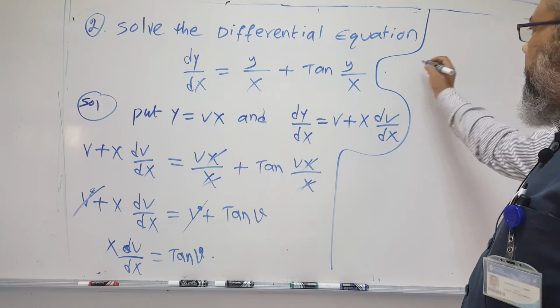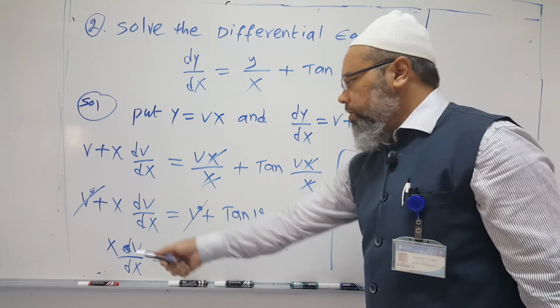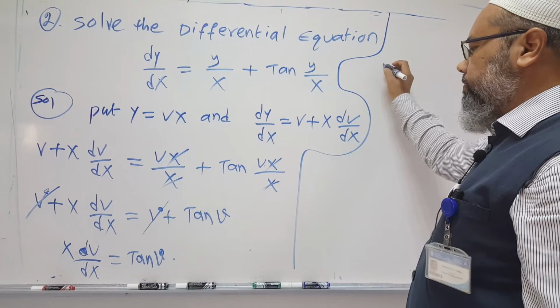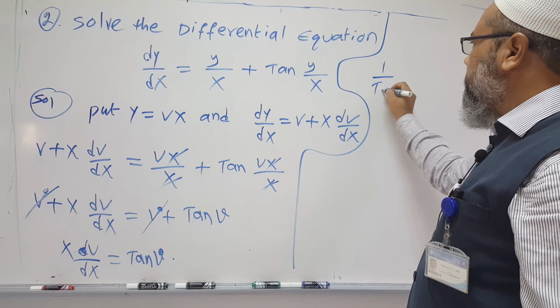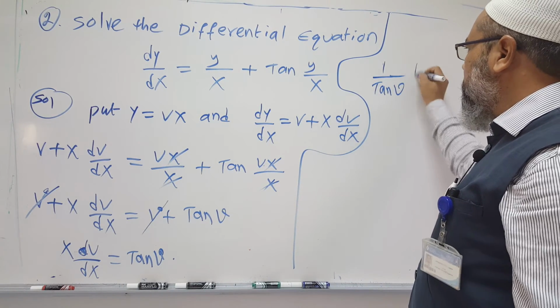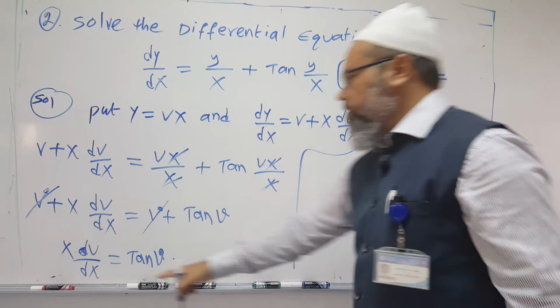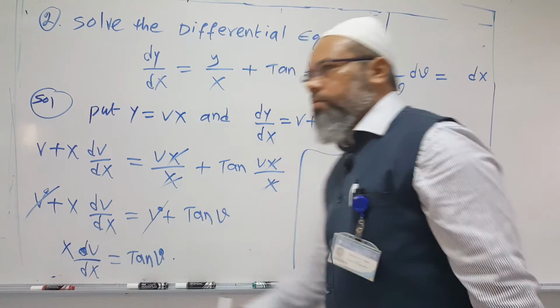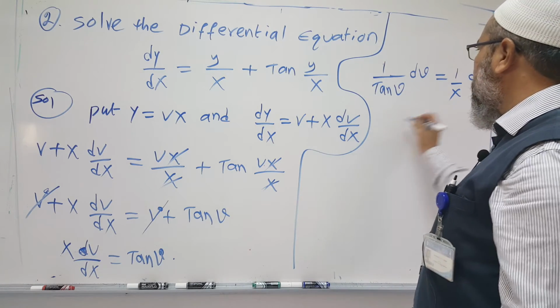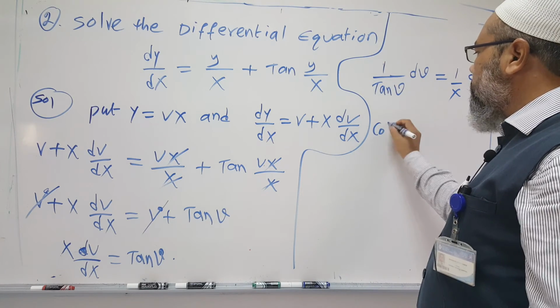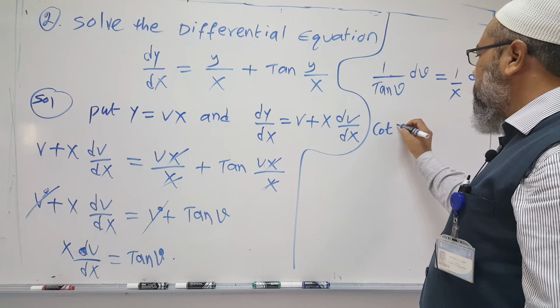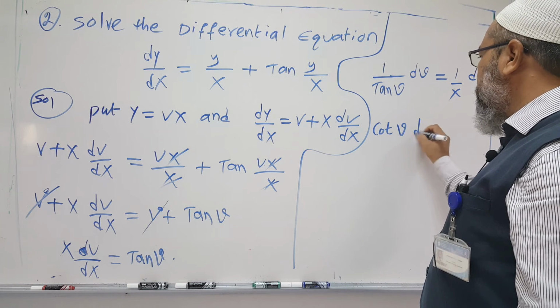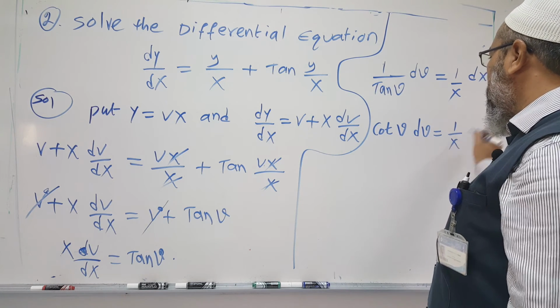The next step: tan v I am sending to the other side, 1 over tan v dv, and x to the other side, 1 over x. 1 over tan v from trigonometry is cot v. So cot v dv equals 1 over x dx.